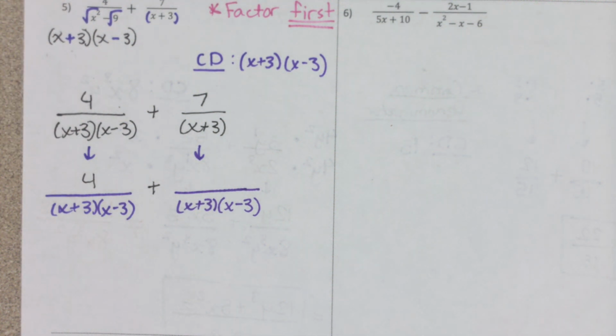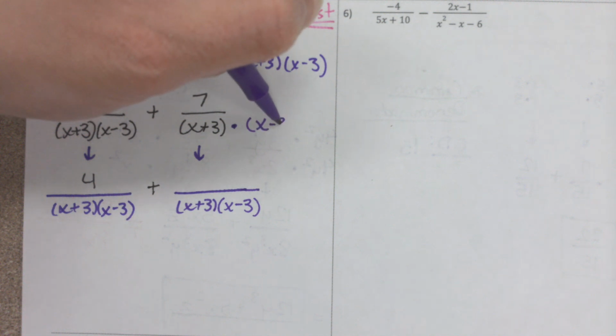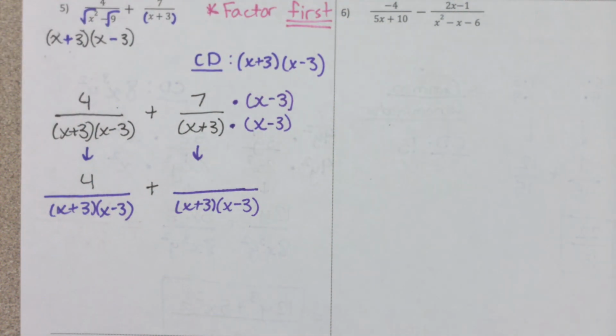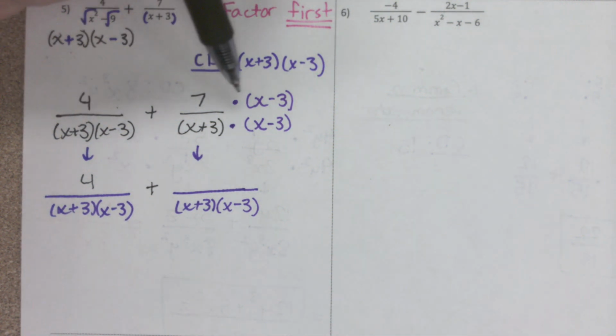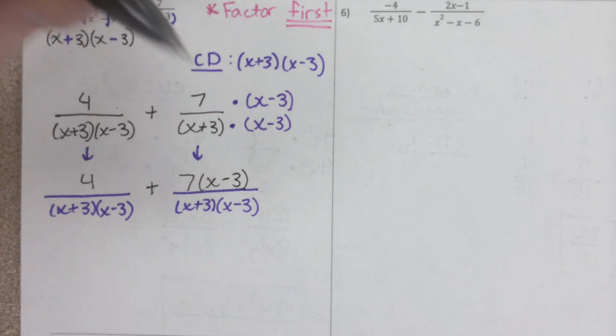Denominator is already correct. Second fraction is missing the x minus 3, so I need to give it one of those. Multiply top and bottom. And on the top, I'm just going to put those together for now. 7 times x minus 3.